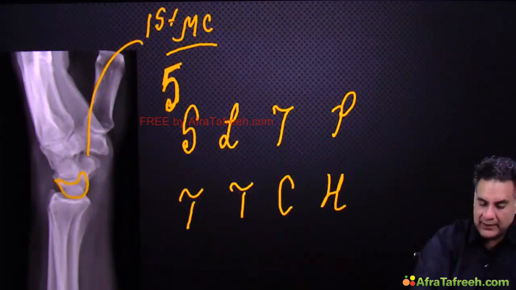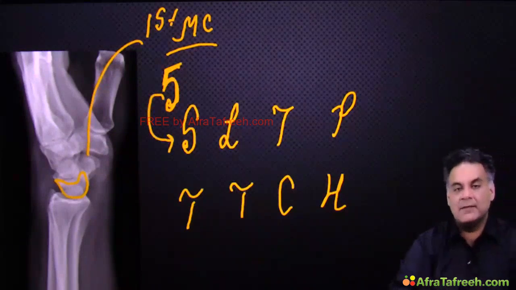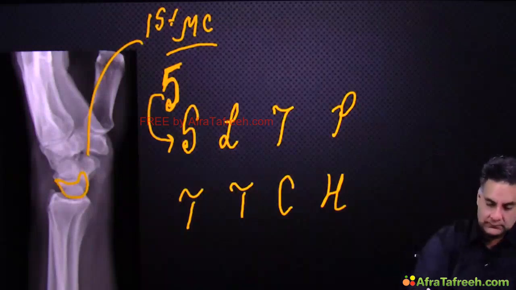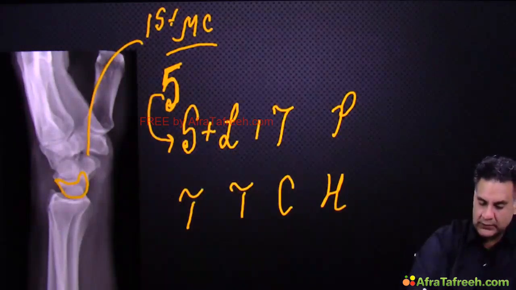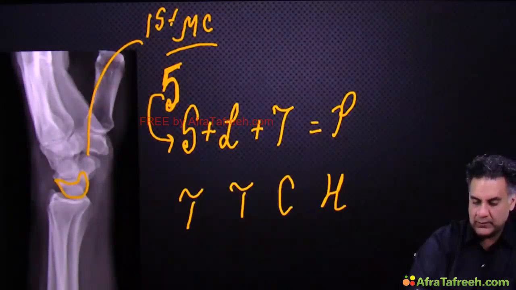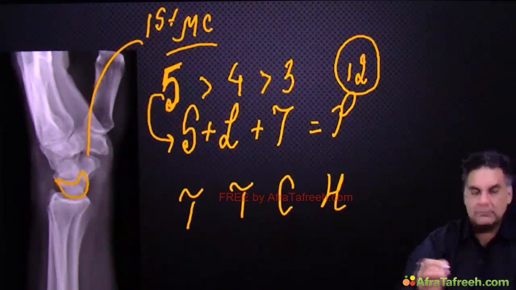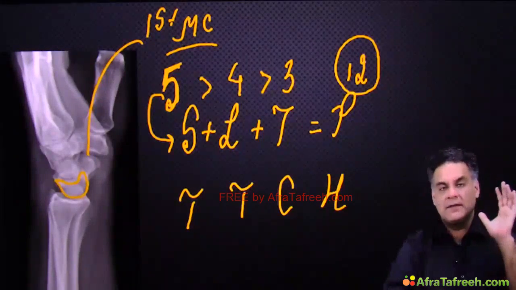Scaphoid and 5, S and 5, they look the same. So age of ossification of scaphoid is 5 years. The total of lunate and triquetral is equal to pisiform. It goes in descending order, 4, 3. So 5 plus 4 plus 3, 12.